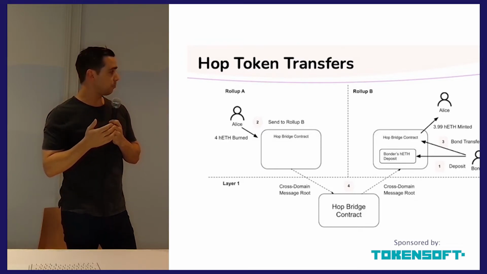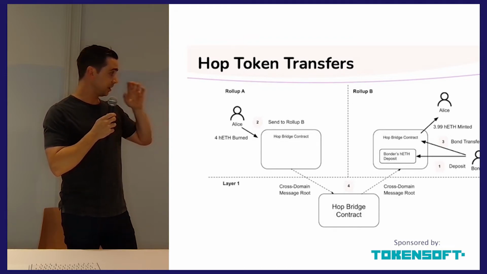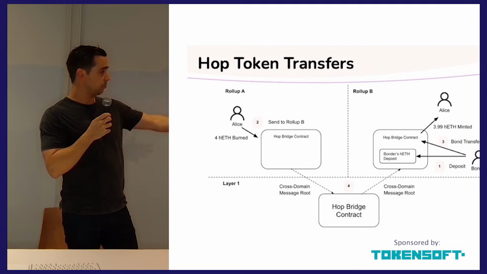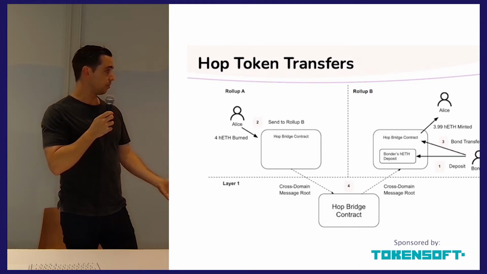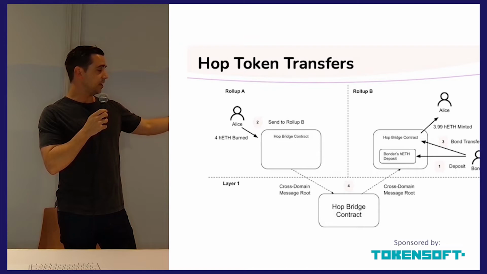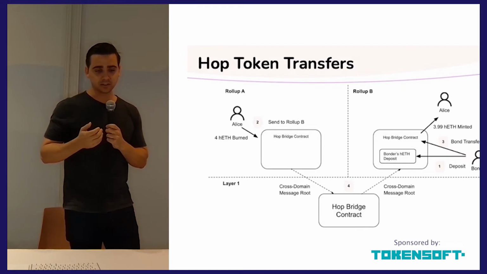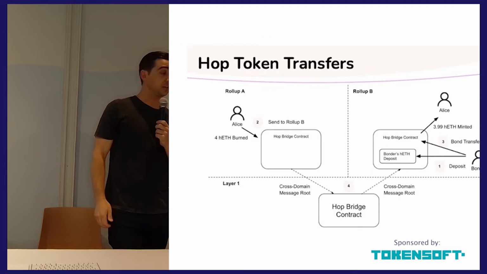But how Hop works is on top of the transferring of assets, Hop checkpoints all of the state that has been sent through the protocol onto layer 1. And so what you can see in this picture that is different than the last one is that the state of the first chain is being checkpointed onto layer 1 down below. And what that does is allow us to rely on Ethereum's state to verify these messages.